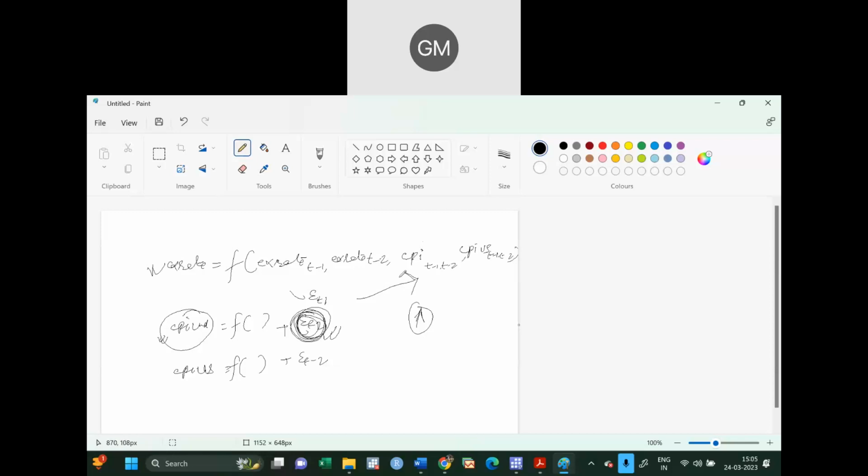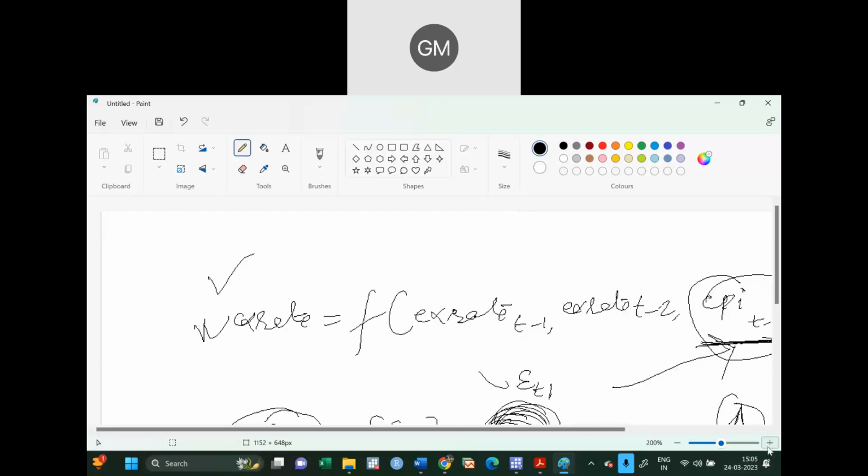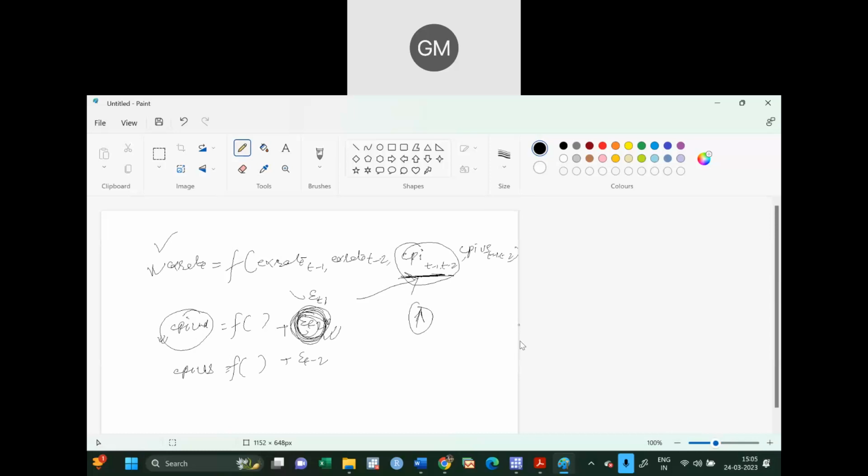So this shock, which has gone into the error term, is also going to affect the exchange rate through this variable, which is entering here. Can you see the equation that I'm writing? Yes, it is visible. So the shock is coming in this epsilon T2, affecting the consumer price index. And since the consumer price index enters as a right-hand variable in the equation for the exchange rate as well, this is also going to affect the exchange rate.